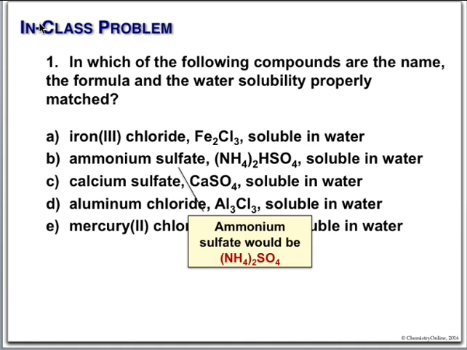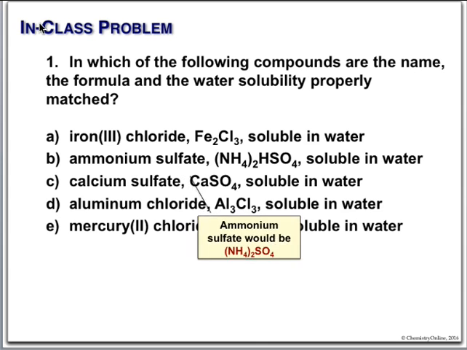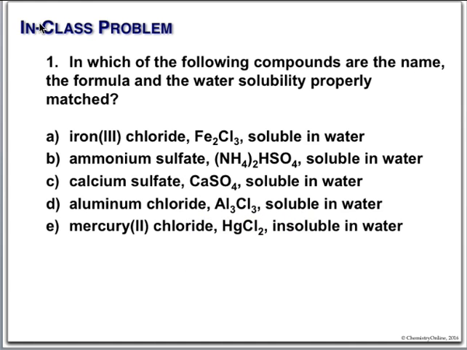Okay. See, I didn't know you could have multiple answers. Calcium sulfate. Well, calcium is a +2, sulfate is a -2. So that looks right. That's the correct formula. However, the solubility.